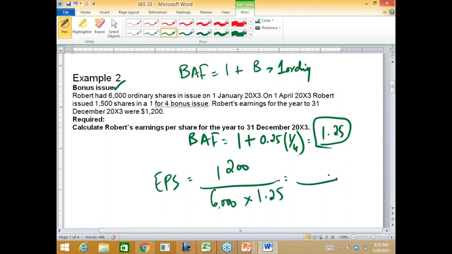So 6,000 shares into 1.25 will be 7,500.